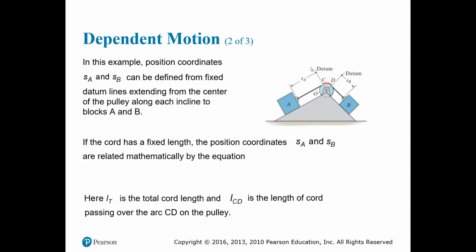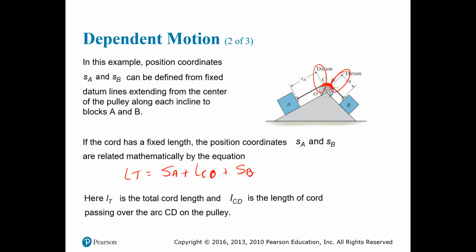Those datum lines are basically the little green ones that you can see here and here, and they are measured from the center of the pulley along each one of blocks A and B. If the cord has a fixed length, the position coordinates SA and SB are related mathematically by the equation LT equals SA plus LCD, which is the part wrapped around the pulley, plus SB.